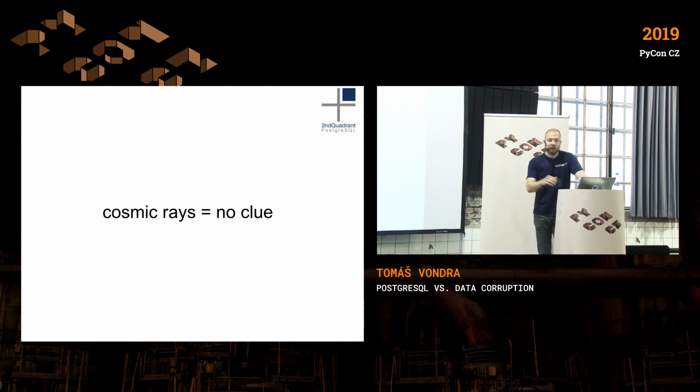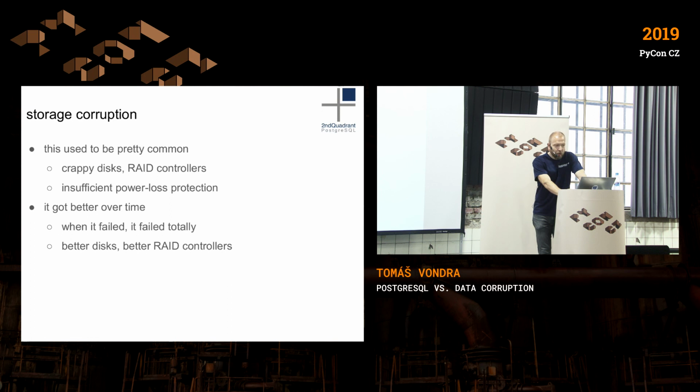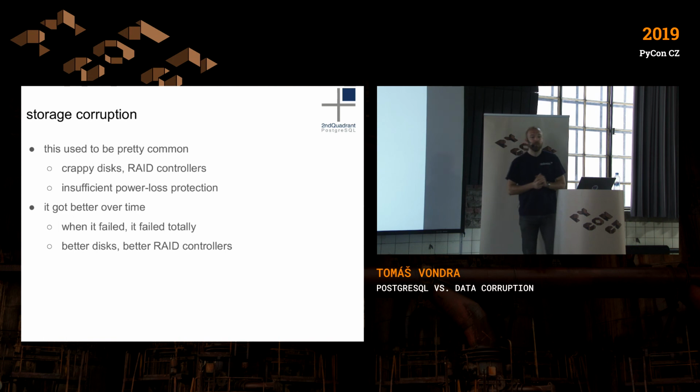And I will get to that in a minute when talking about network attached storage. So about the storage data corruption, this used to be very common, especially in the past. Postgres was one of the cheaper databases, right? People were running it because it was a way to save money on licenses, and that's still true.